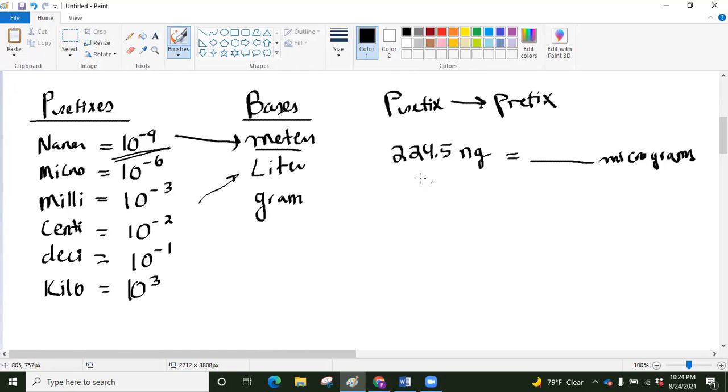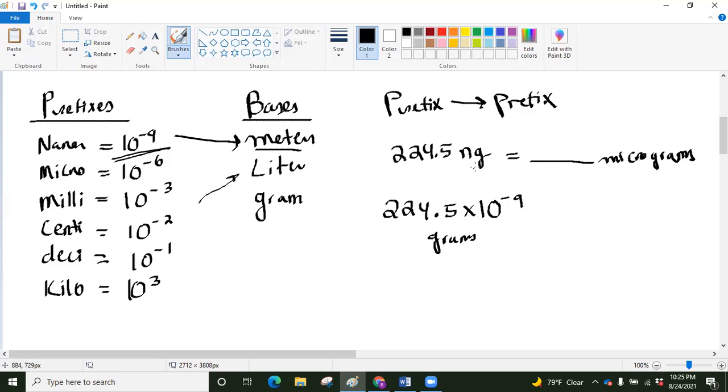The basic idea in this case is to take our 224.5, convert it to grams. When we pick off that nano from the table, this wouldn't be to the negative 3, it would be to the negative 9. Now it is in grams.